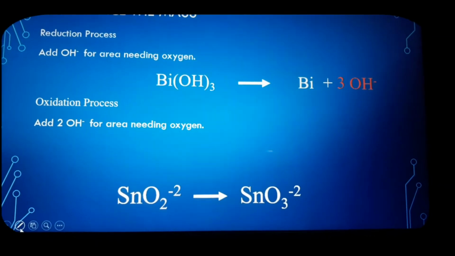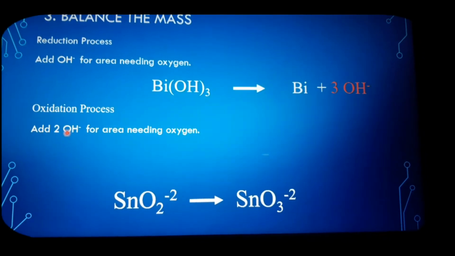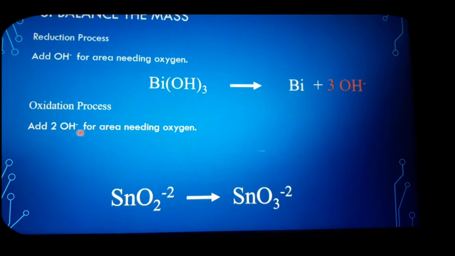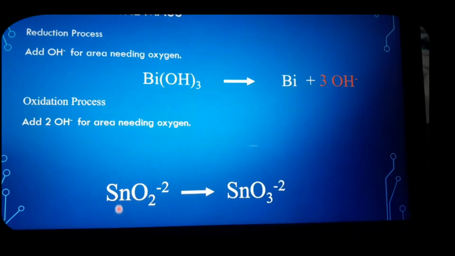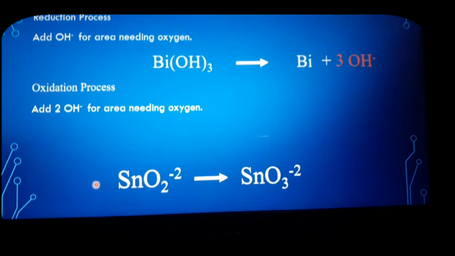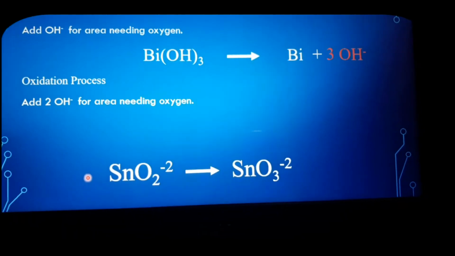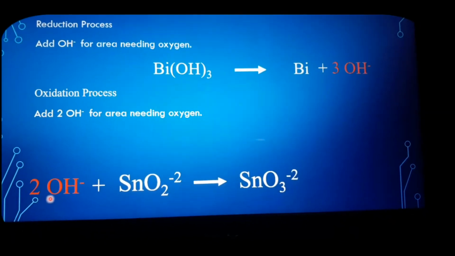For the oxidation process, we need to add 2 hydroxyl groups for an area needing oxygen. This one is 2 oxygen, this one is 3 oxygen, so we need 2 hydroxyl groups.